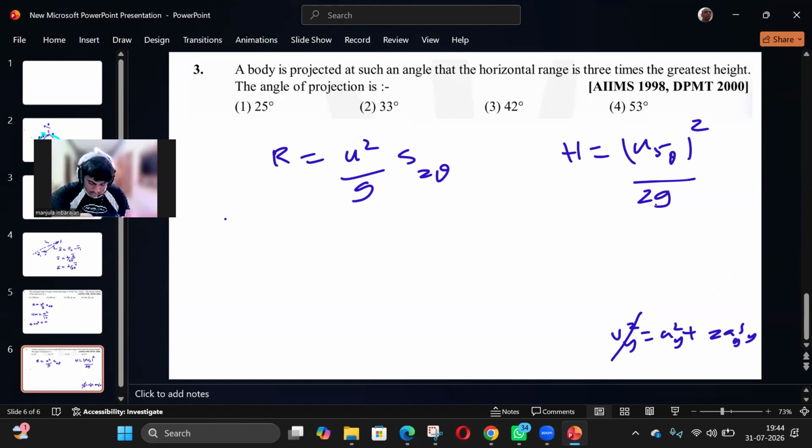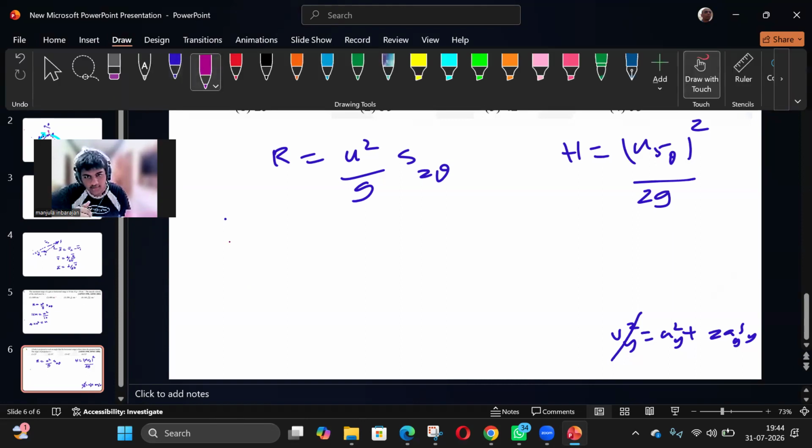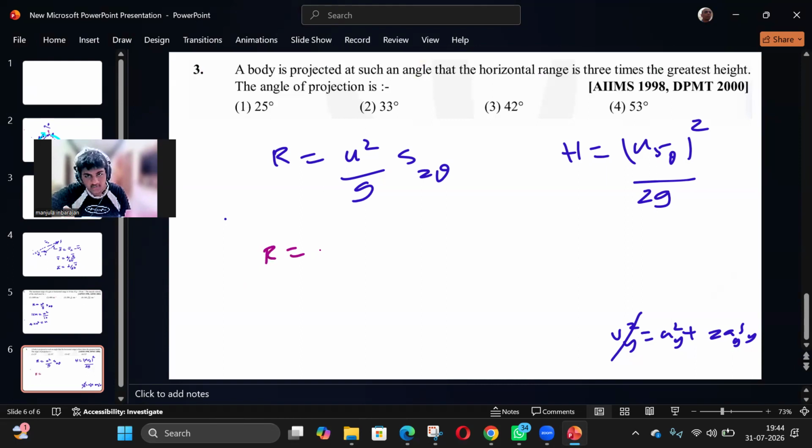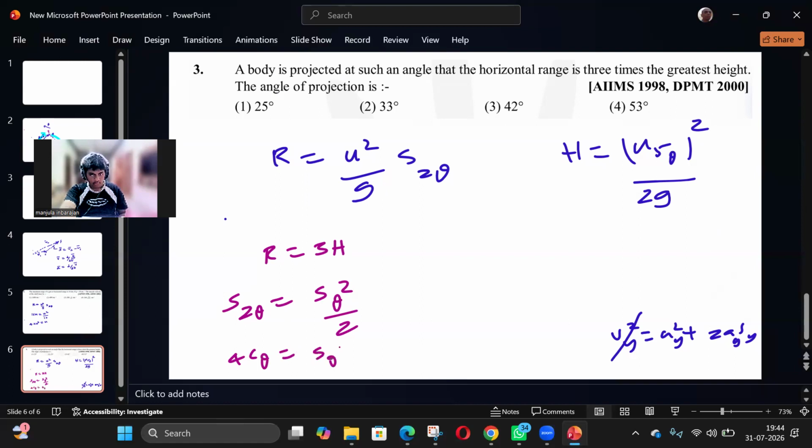Formula for range and height. So here it is given R is 3 times H. Get the answer. Sin theta, if we see, 53 degrees. R is 3H. So U square will cancel, g will cancel. So sin 2 theta equal to 3 sin theta square by 2. So 2 sin theta cos theta equals 3 sin theta square by 2.